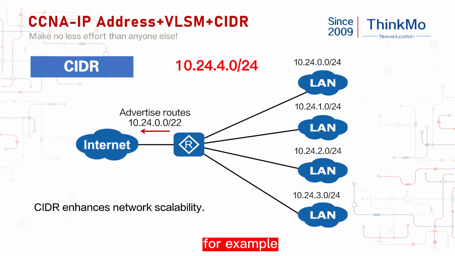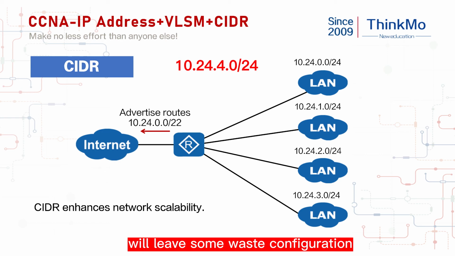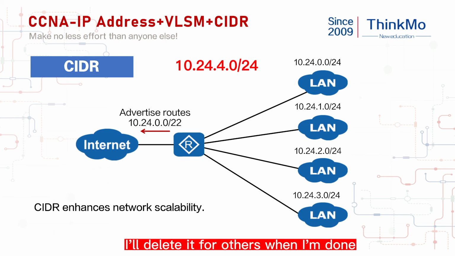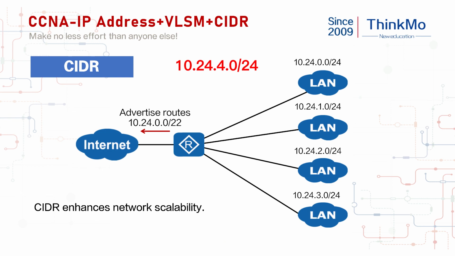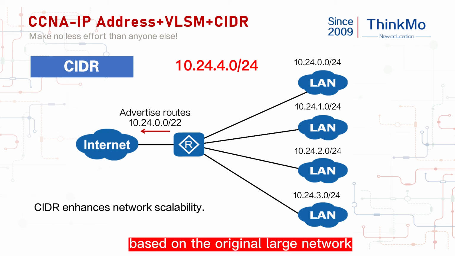For example, when you do some configuration or a cutover, you leave some waste configuration. You do some transition configuration, and I'll delete it for others when I'm done. When planning a network based on the original large network, it can be designed in advance.